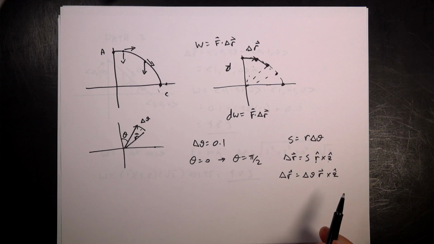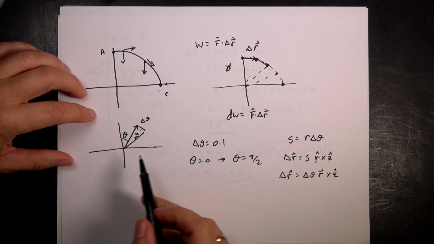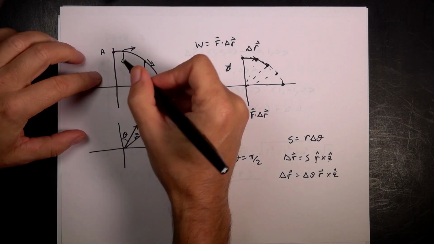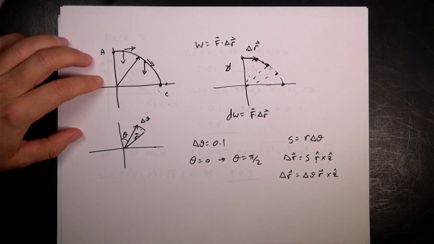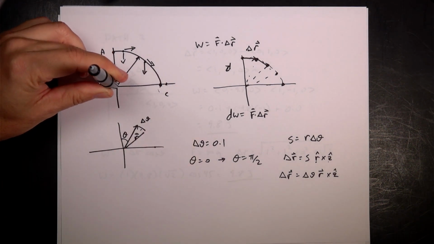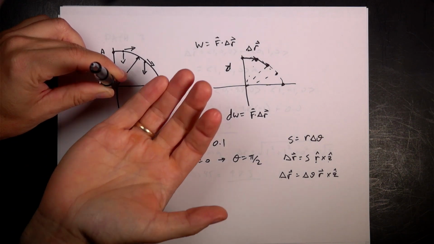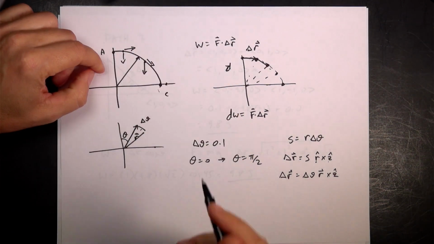So the right-hand rule says that if I have r right here, r cross z has to be perpendicular to r and z. So z is coming out of the paper like this. So r cross z would, using the right-hand rule, come up this way and be in the right direction.